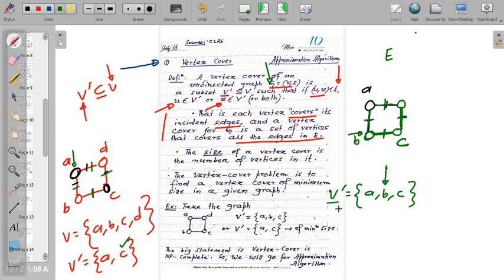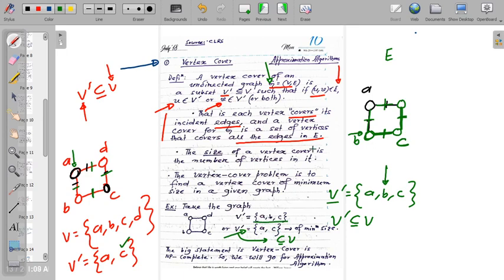So V prime here is also a subset of V. In this V prime we have two vertices, and here we have three vertices.